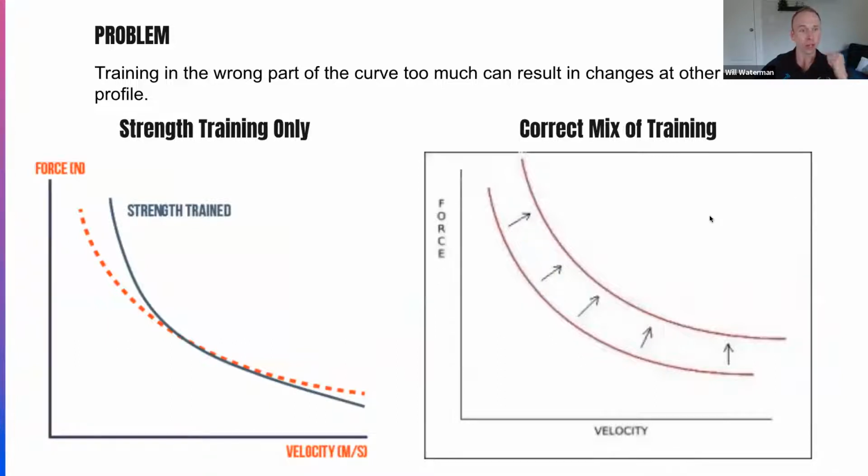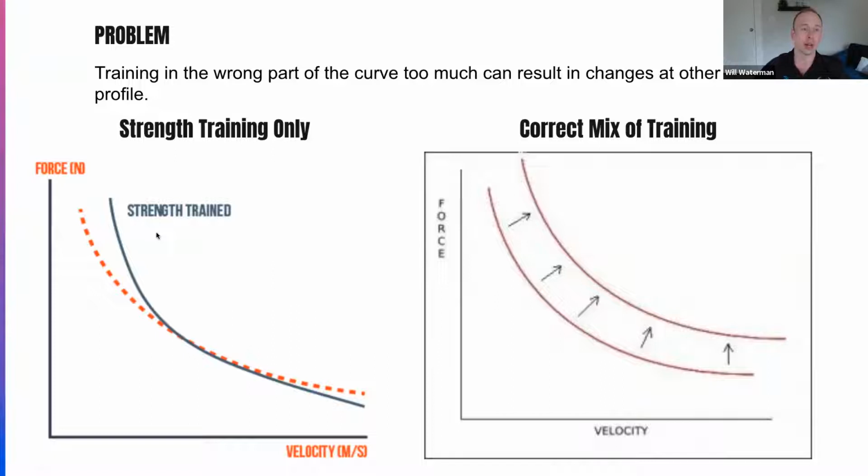And the real issue is if you don't respect this entire spectrum, and you only focus, say, on just strength, what you can end up doing is creating an undesirable outcome in their training. So let's just say you did strength training only. So your original force velocity curve was this dotted line here.